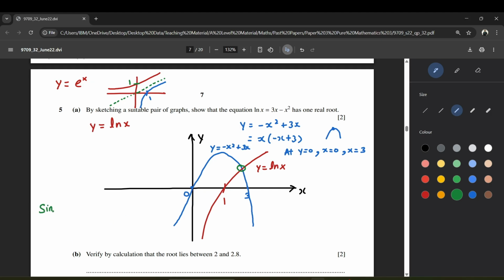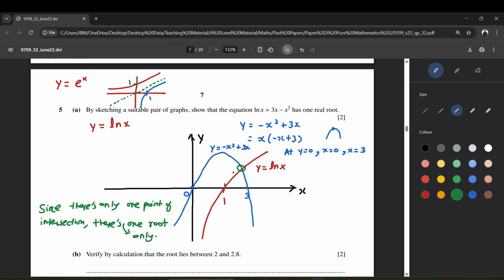So we can say that since there's only one point of intersection, there's only one root. Okay, so since there's only one point of intersection, there will be only one root to this equation.